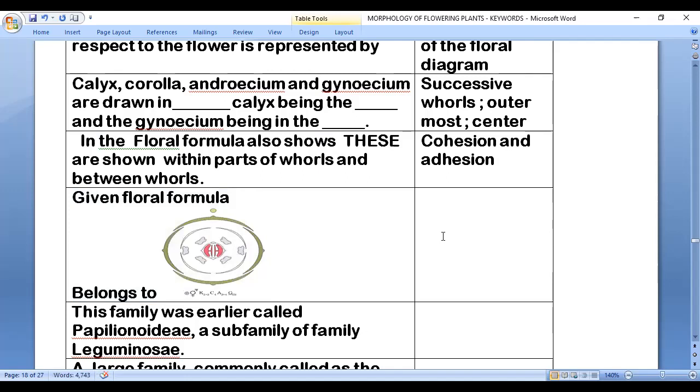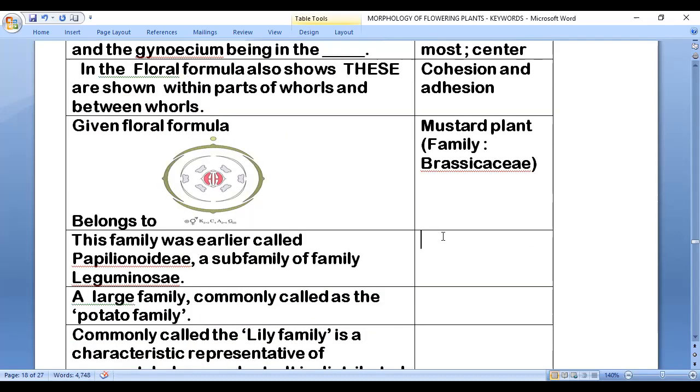The given floral formula belongs to the mustard plant, which belongs to the family Brassicaceae. This family was earlier called Papilionoideae, a subfamily of Leguminosae, Fabaceae.